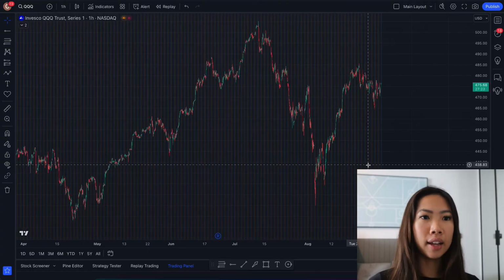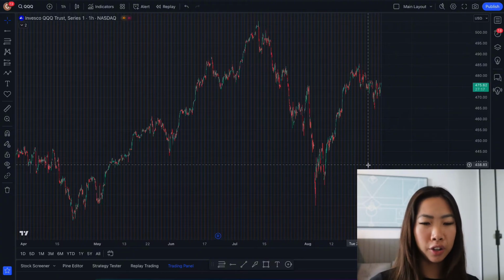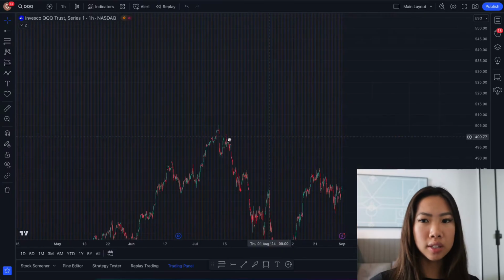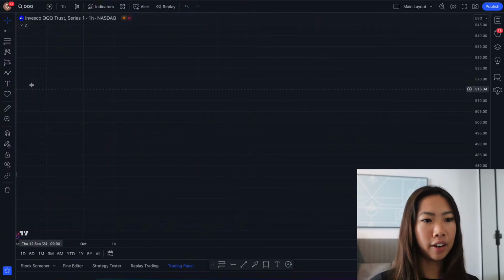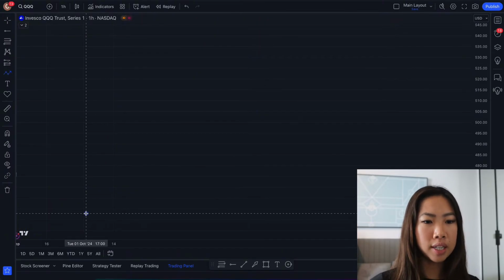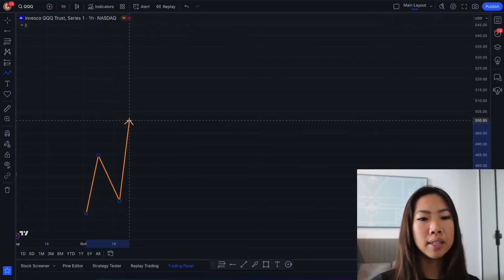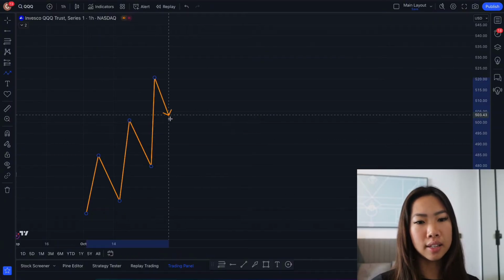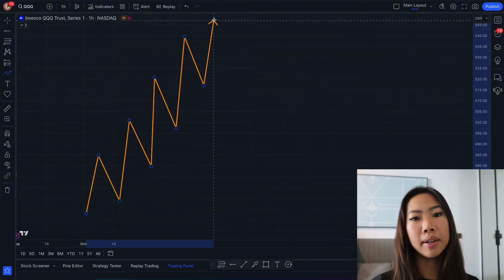When you're looking at market structure, what you are really trying to understand is higher highs, higher lows, lower highs, and lower lows. What it essentially looks like, if we go to this blank area, is up and down areas like this. It just looks like a zigzag up and down.